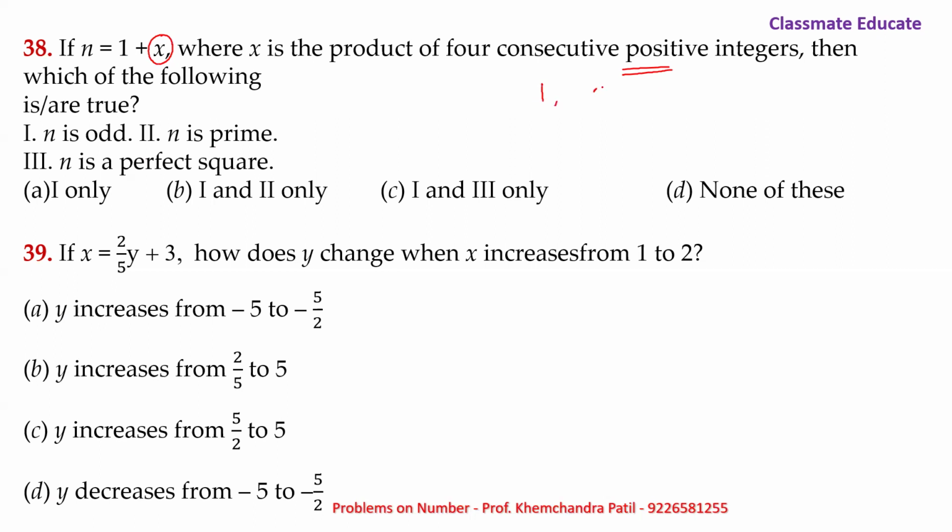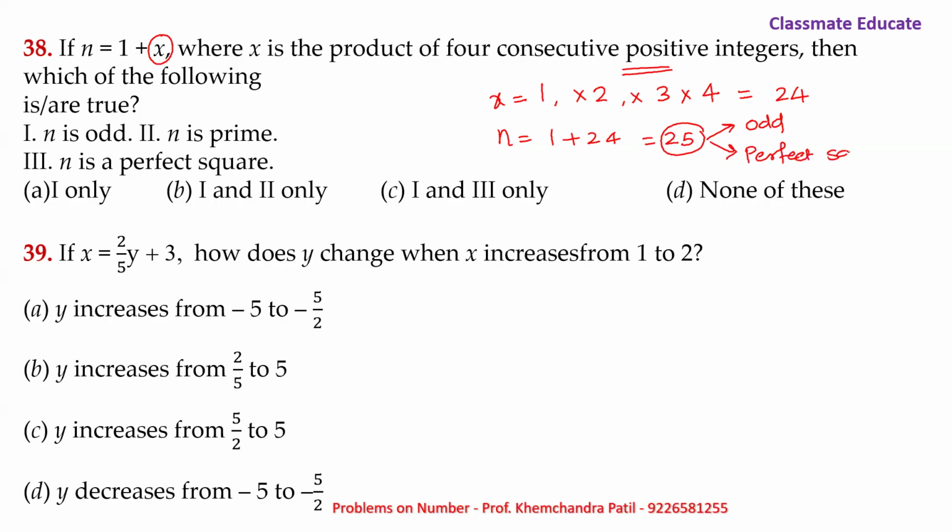Suppose I take the four consecutive positive integers as 1, 2, 3, 4. The product of these will be 24. So this is the value of x. What will be the value of n? That is 1 plus 24, equal to 25. 25 is an odd number, and it is a perfect square again.